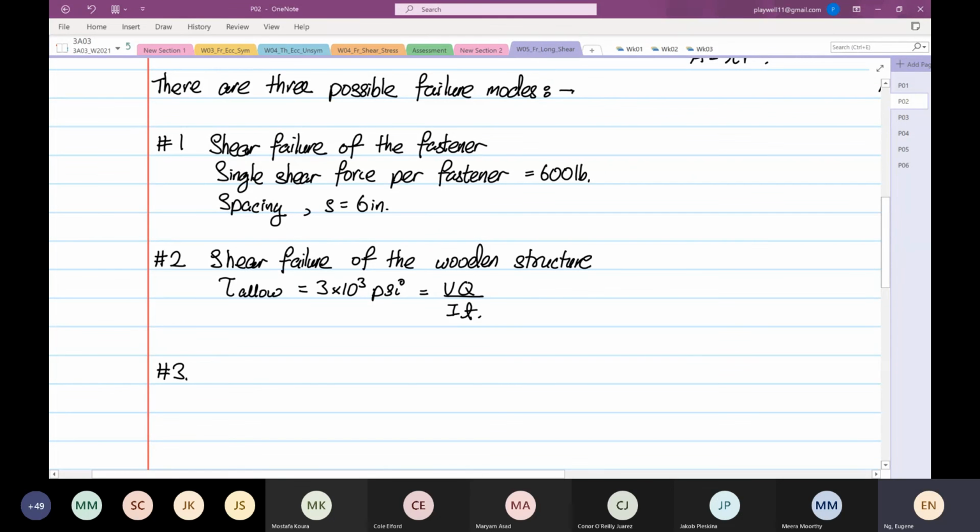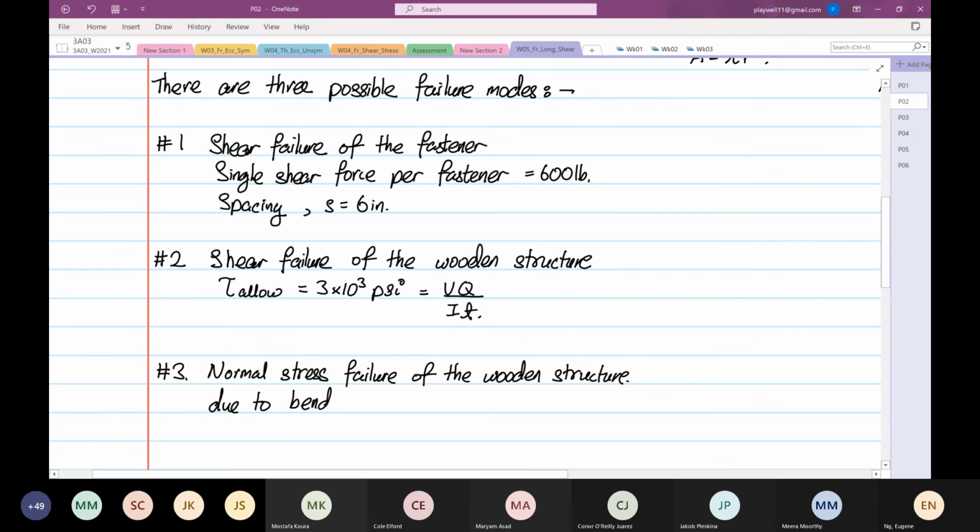So the third mode is like what it said before, normal stress failure of the wood due to bending moment.